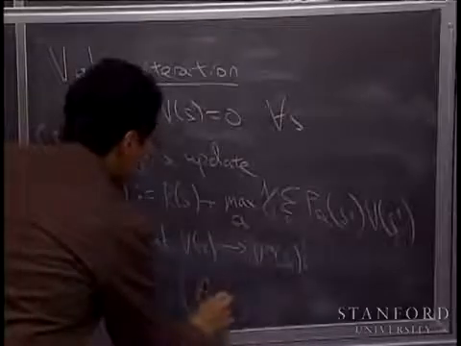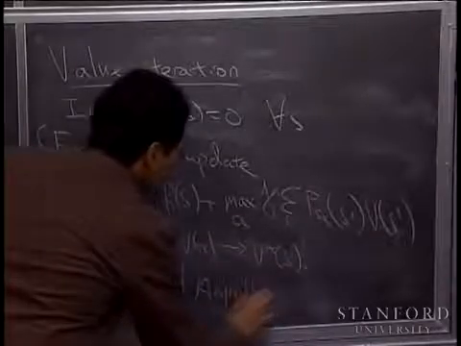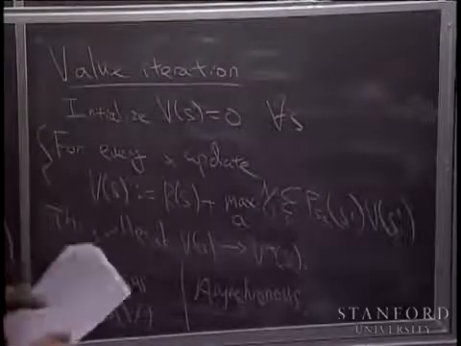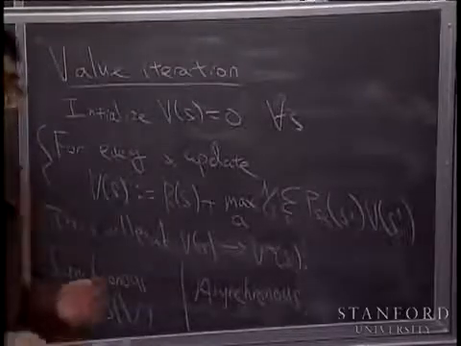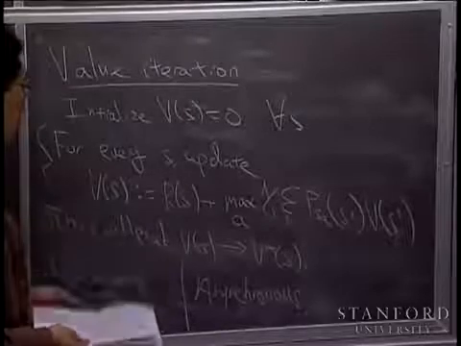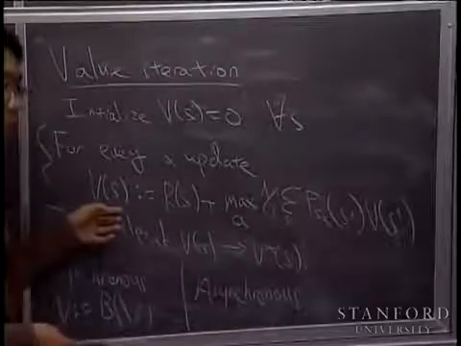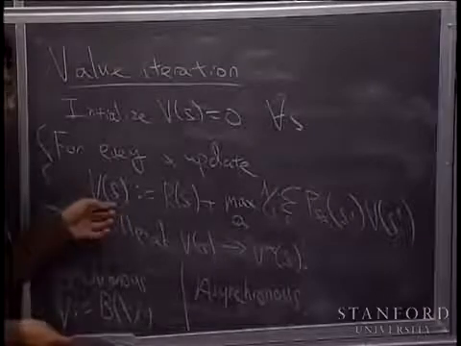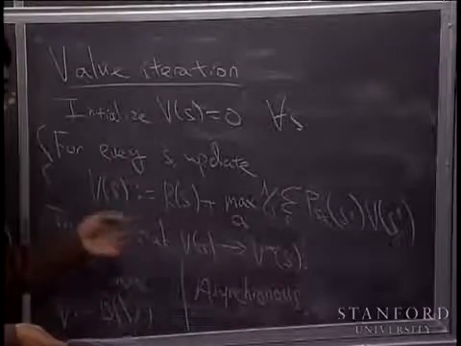The other way of performing these updates is asynchronous updates, which is where you update the states one at a time. So I would go through the states in some fixed order. Say I would update V of S for state number 1, and then I would update V of S for state number 2, then state number 3, and so on.